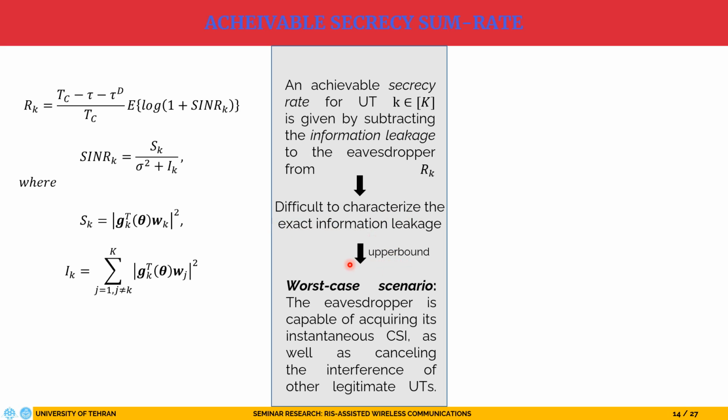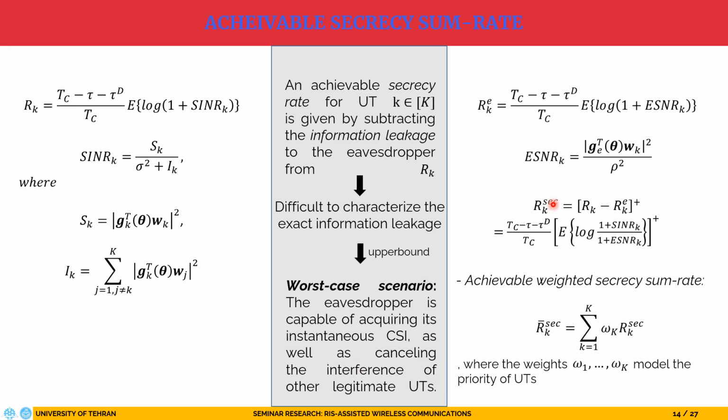As an upper bound, we assume a worst case scenario, which is the eavesdropper is capable of acquiring its instantaneous CSI as well as cancelling the interference of other legitimate users.